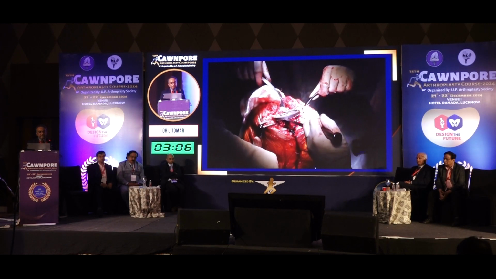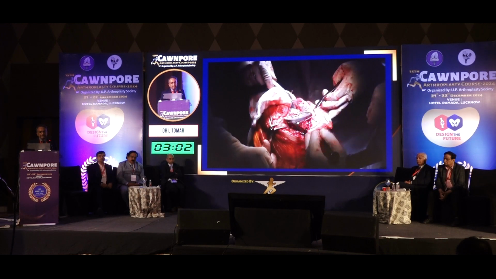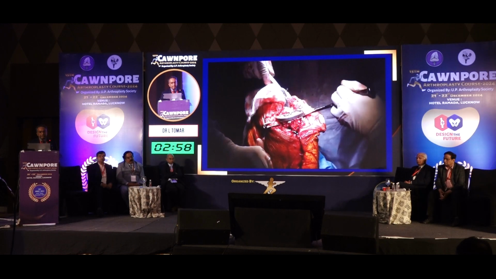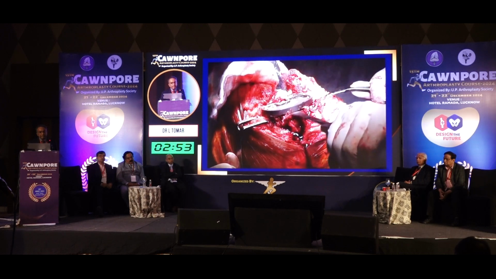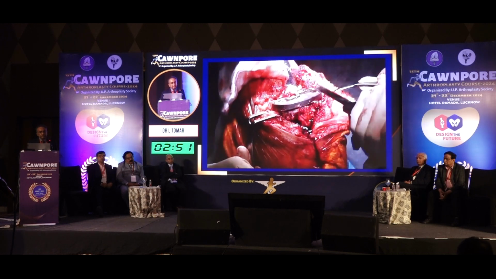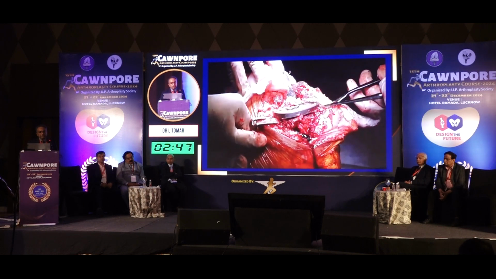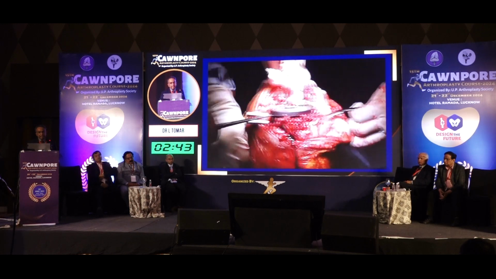In the same way, we dislocate the tibia anteriorly and try to disengage the metallic tibial implant, the interface between the cement and the metal, using a thin saw blade and thin osteotome, with proper protection.